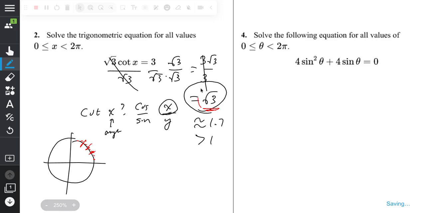I hope you recognize this is one of the 3 values among these common angles. X is bigger than y here, and by the way, it's also positive. So we're looking at this quadrant and this quadrant. And x is bigger than y here as well. Just to prove it to you, that's x, that's y. That's x, that's y.